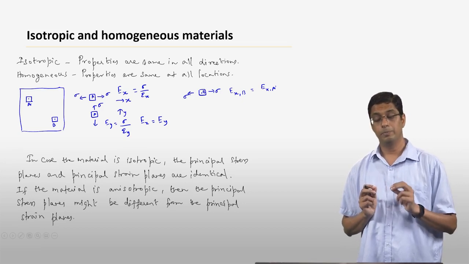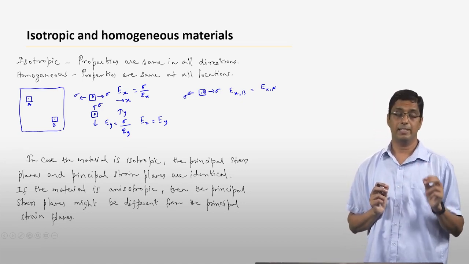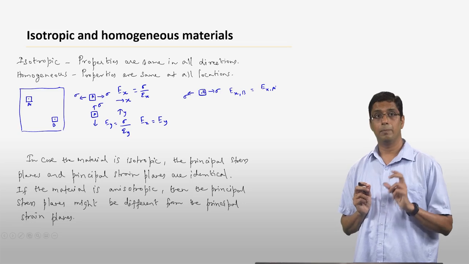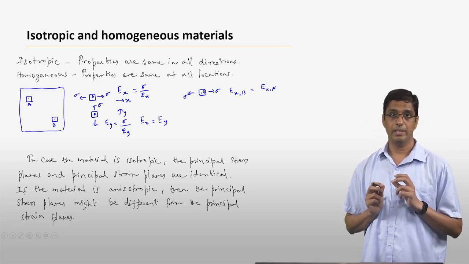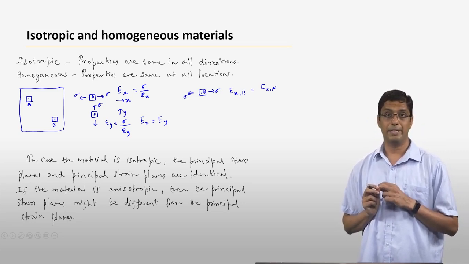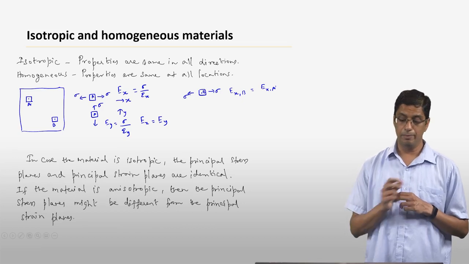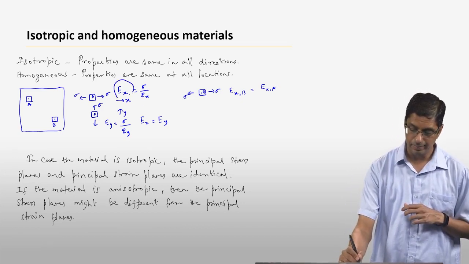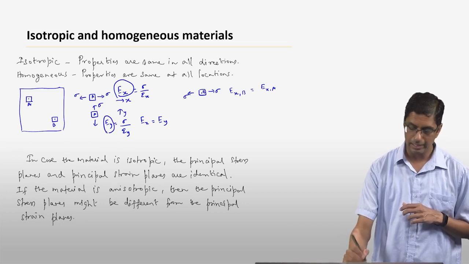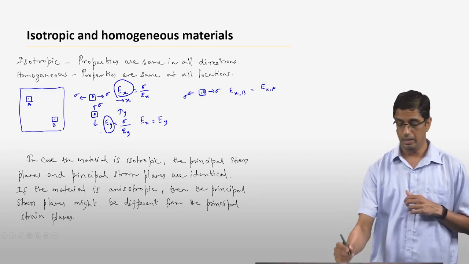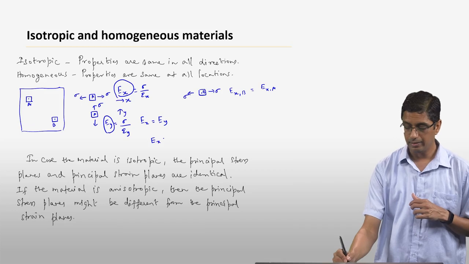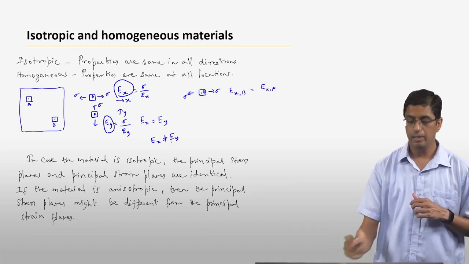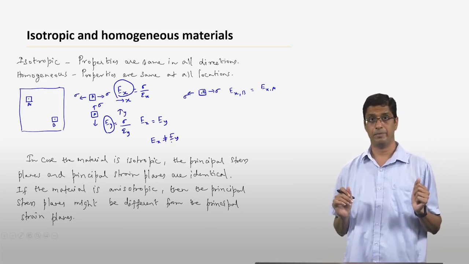Now, it is possible that a material is homogeneous but not isotropic. If I measure Ex and Ey at point A, but Ex is not equal to Ey, then the material is not isotropic.